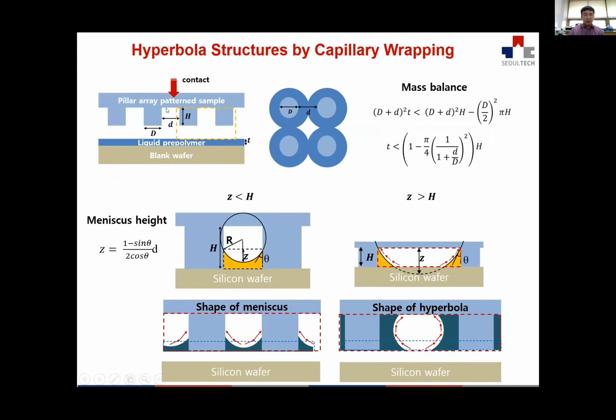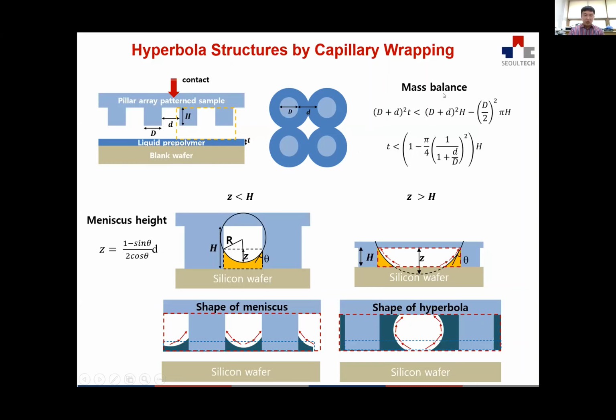After contacting the micropillar array, the liquid prepolymer can wrap around the micropillar array. We can get a condition to make the hyperbola or mushroom structures from a simple mass balance.